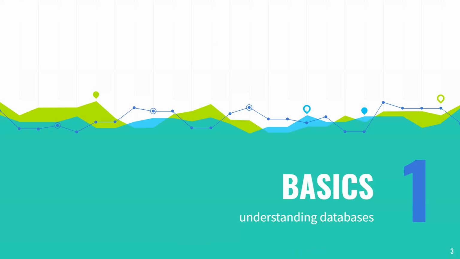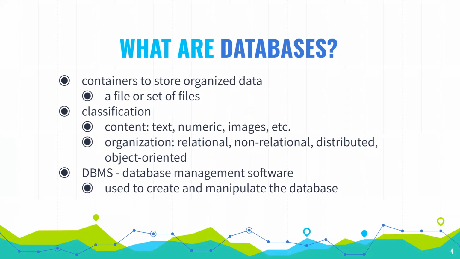Right, so a little bit about the basics of what databases are. Databases are basically containers to store organized data. It could be a file or a set of files. If you're thinking of a physical real-life database, maybe it would be a file cabinet. The database can be classified based on its content.